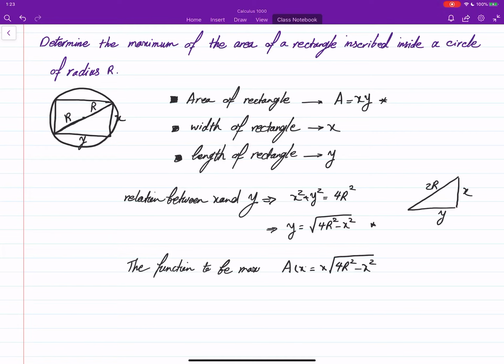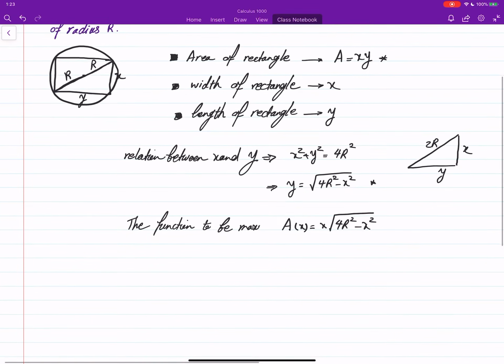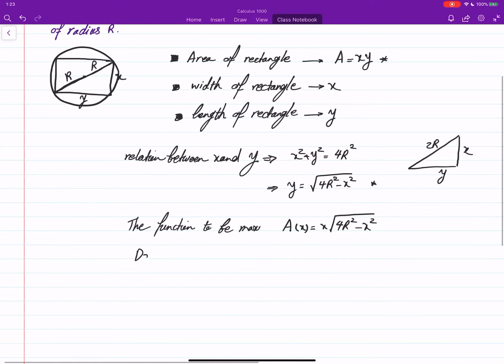And this way, it is going to be a function of x, and our independent variable is x.